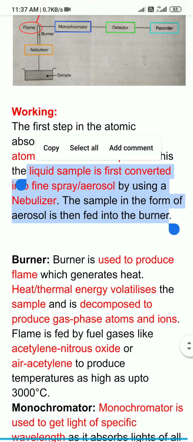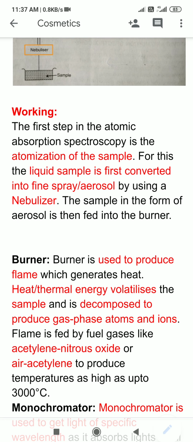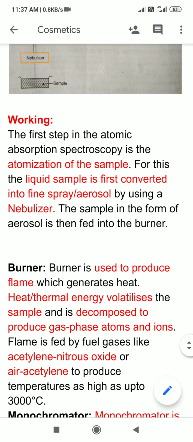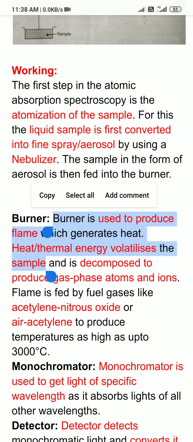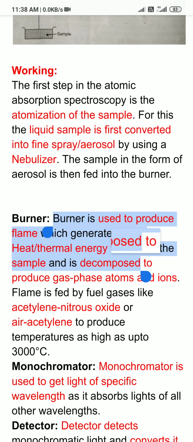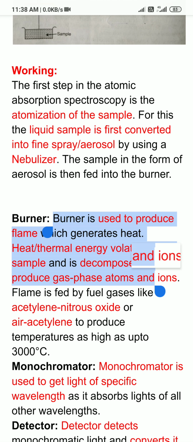Then burner, what is the function of burner here? Burner is used to produce flame which generates heat, or I can say thermal energy, which then volatilizes the sample, and the sample is then decomposed to produce gas phase atoms and ions.